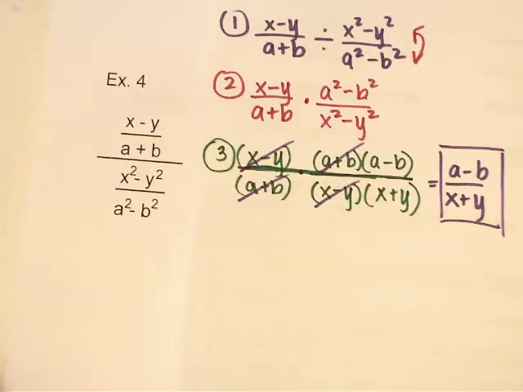Okay, so I want you to go ahead and try out page 624, numbers 25 and 29, and bring that to class tomorrow. And we're going to go ahead and take a look at one last example.